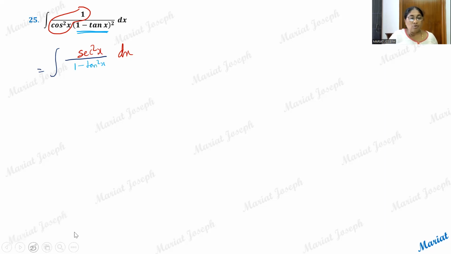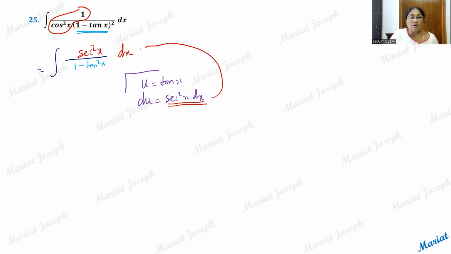And why do we keep it so? We're going for a substitution. U equal to tan x, because du, the derivative, is sec square x dx, which is already given. It's already there.